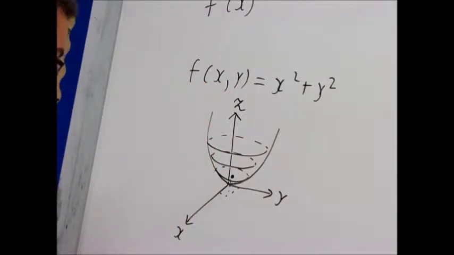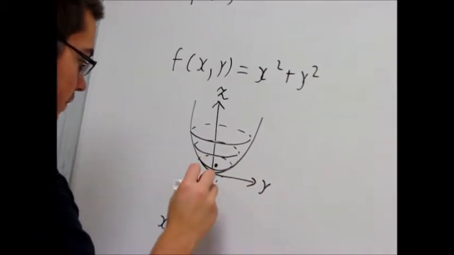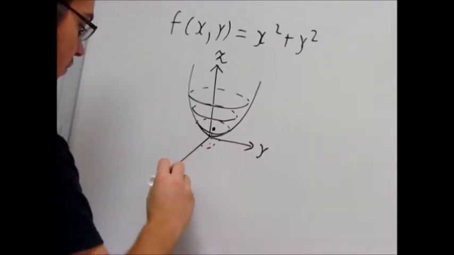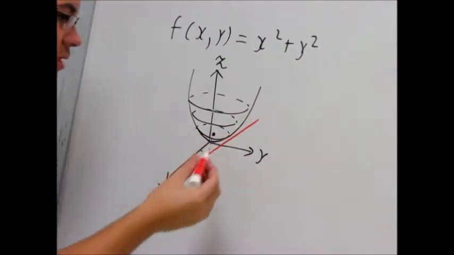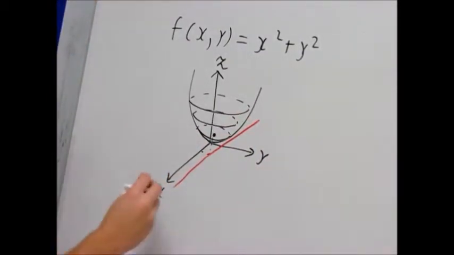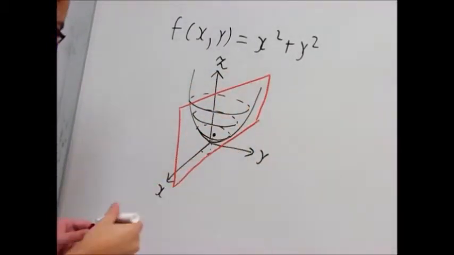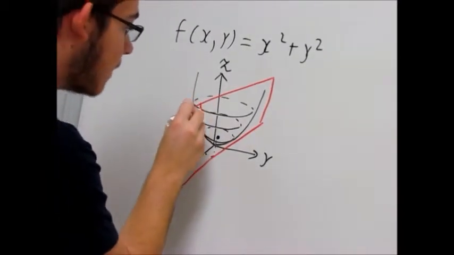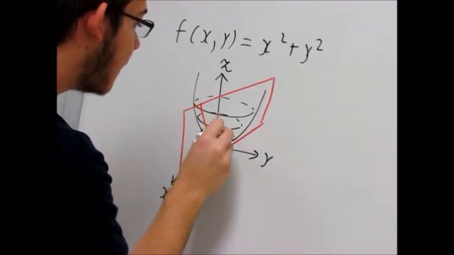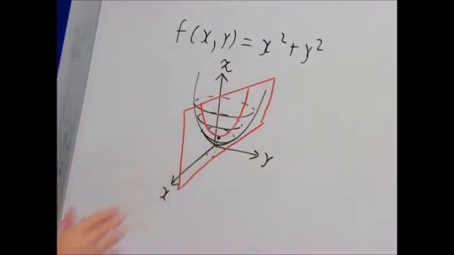So basically, we take this point right here, for example, and this point corresponds to this x value. You just want to look at these x values, keeping y constant. And so what we create is sort of a plane that slices through this point, creates a little slice of the function.